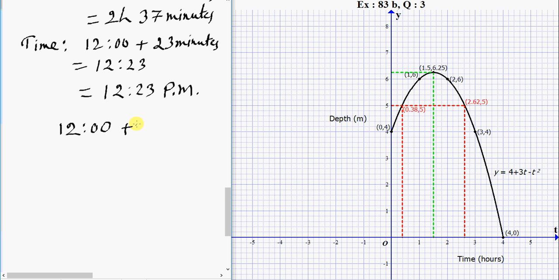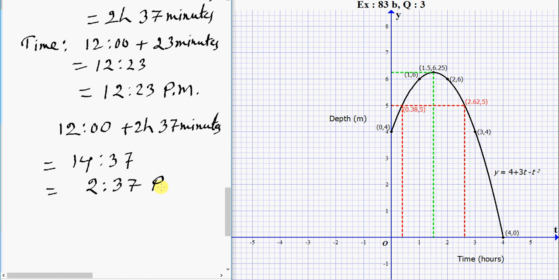It will be 14:37 in 24-hour format. If you show in 12-hour format, it will be 2:37 p.m. So the required time will be between 12:23 p.m. and 2:37 p.m. In this time, the ferry can enter safely.